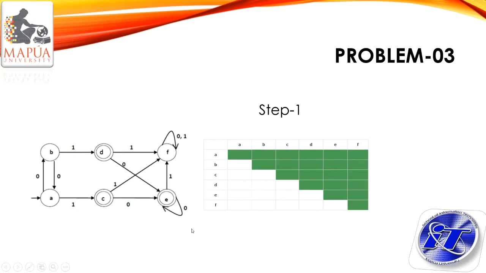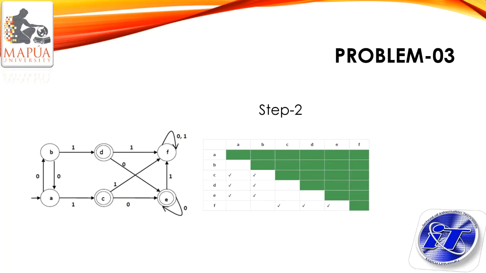Step 2, mark the pairs which have final and non-final state, which are CA, BC, DA, DB, EA, EB, CF, CD, and EF.